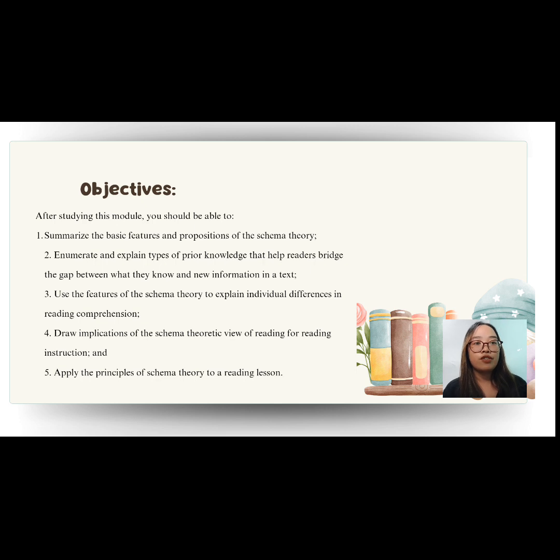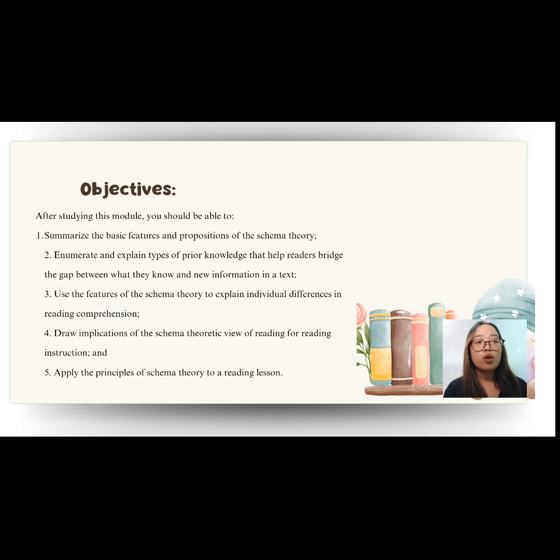For our objectives for today's lesson, after studying this module, you should be able to: first, summarize the basic features and propositions of the schema theory. Second, enumerate and explain types of prior knowledge that help readers bridge the gap between what they know and new information in a text.